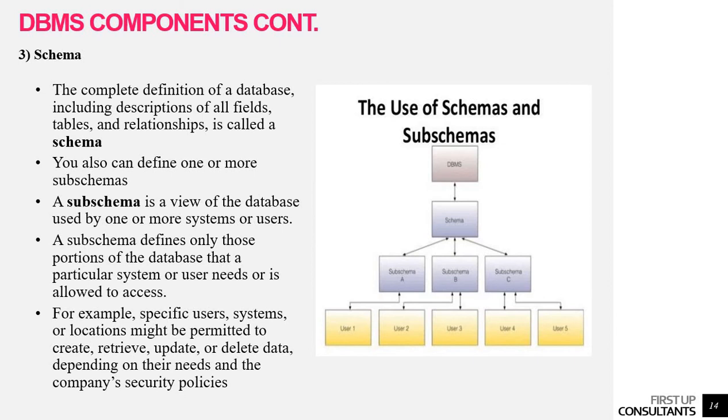Okay, the third component is about schema. Schema is actually where you want to set the privilege or the permission. For example, you have three types of users: you have the student, you have the lecturer, and also you have the academic unit, HEA.